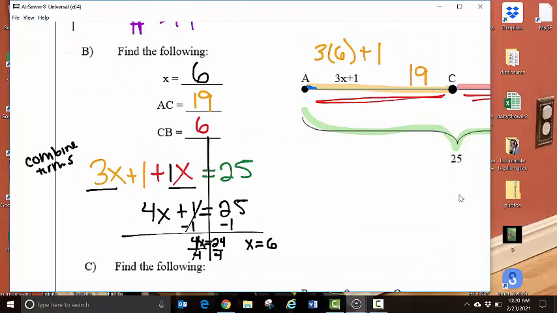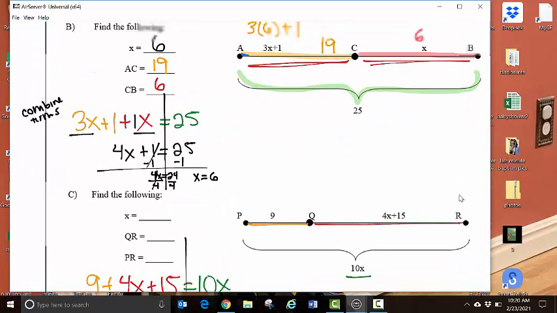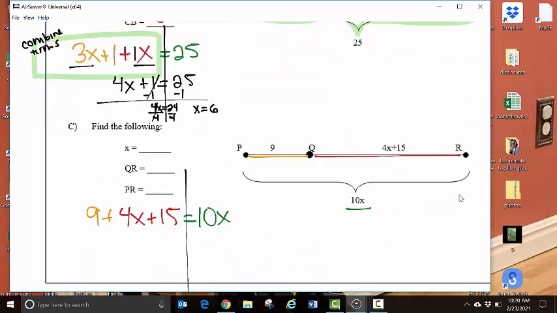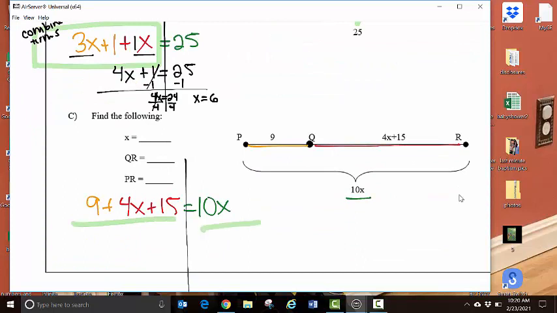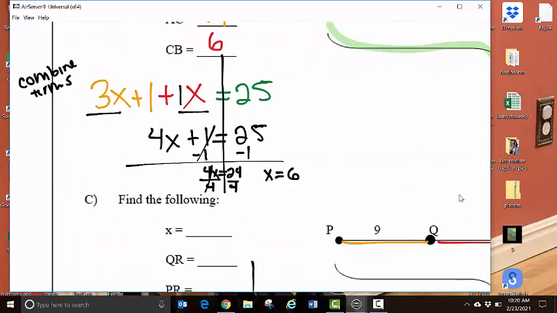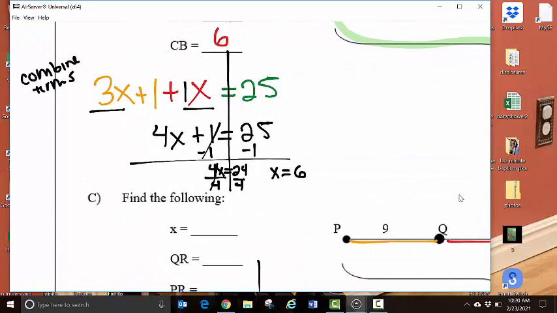The difference is that this one had x's on the same side, and this one has x's on both sides. So it changes your story a little bit. Okay? I'm going to go back to this one real quick. You don't have to write this down, but I want to point this out.